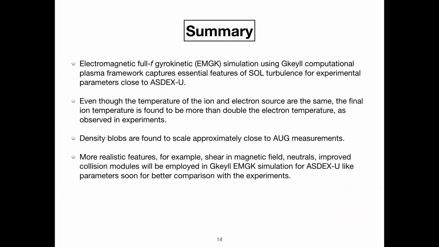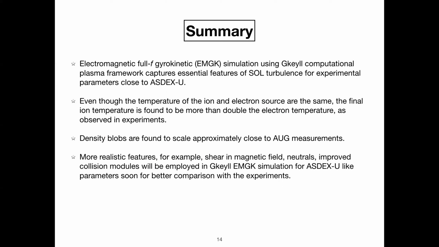In summary, our electromagnetic full-F gyrokinetic, or EMGK, simulation using the Gkeyll computational plasma framework captures the essential features of SOL turbulence for experimental parameters close to the ASDEX Upgrade shots. The final ion temperature profile in our simulation is found to be more than double the electron temperature, and this is a signature that has been observed in the experimental shots as well.